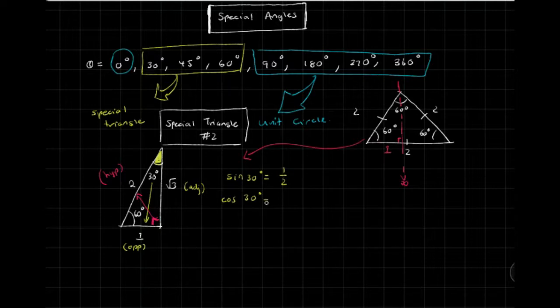Cosine 30 degrees is equal to adjacent over hypotenuse, which is square root 3 over 2. And tan 30 degrees is equal to opposite over adjacent, which is basically 1 over square root 3, or you can write this, if you multiply by square root 3, as square root 3 over 3. This is more preferable, right? So we have our values of 30 degrees for each of these trig functions.